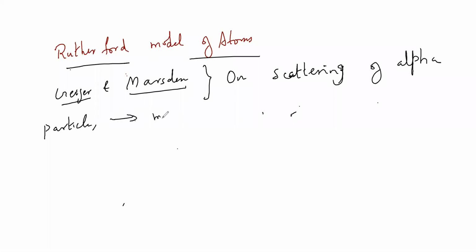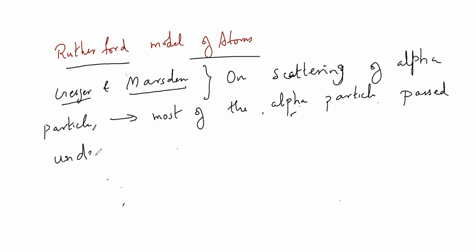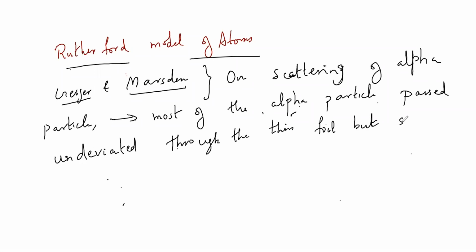Most of the alpha particles went undeviated, most of the alpha particles passed undeviated through the thin foil. But some were scattered through very large angles.